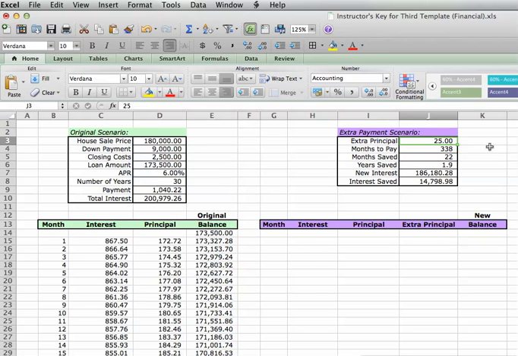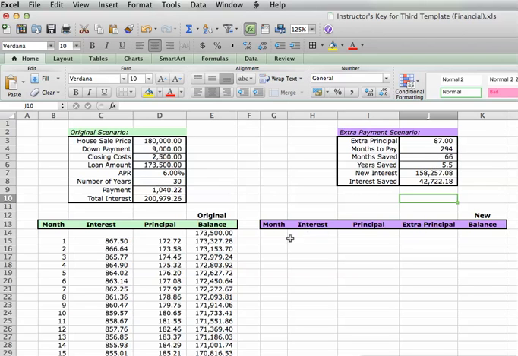On the other hand, if I got more aggressive and say I moved it from the $87 to $100 a month extra, I'm saving 6.1 years and even more in interest. So that's kind of why we set those up to be nice and flexible, so you can do a lot of different what-ifs.